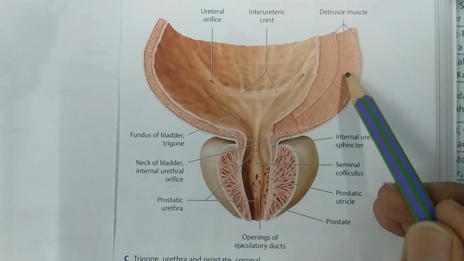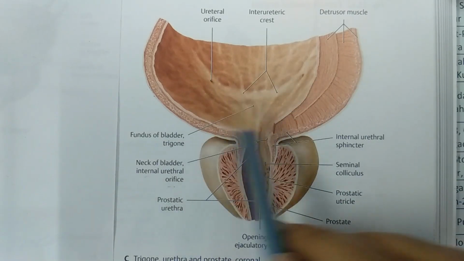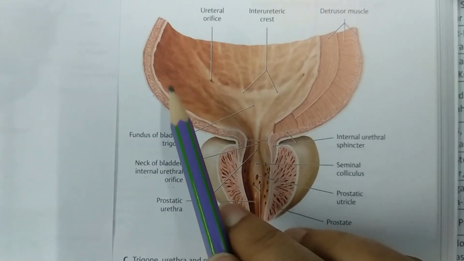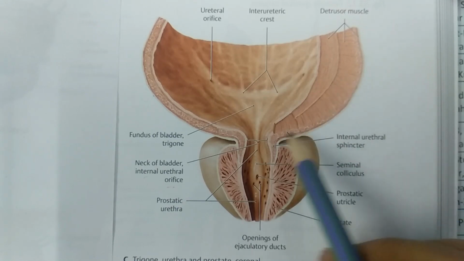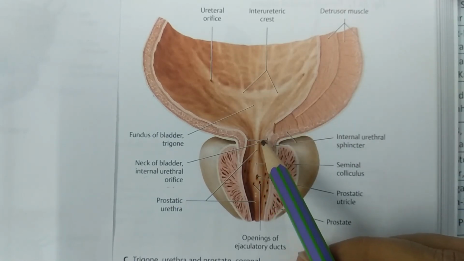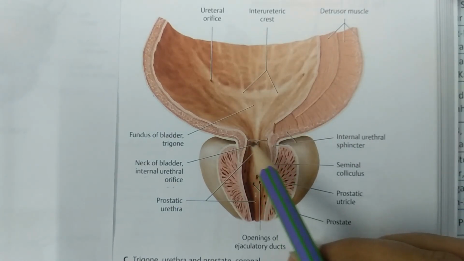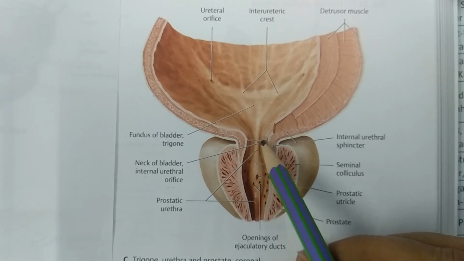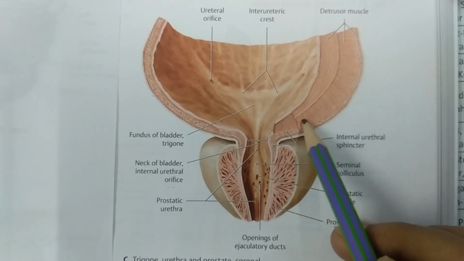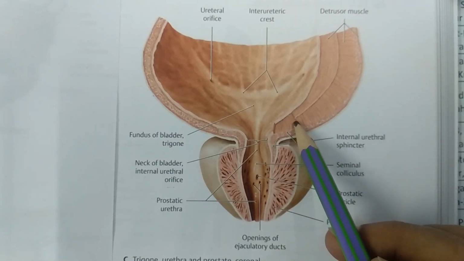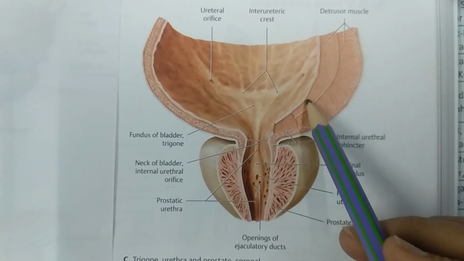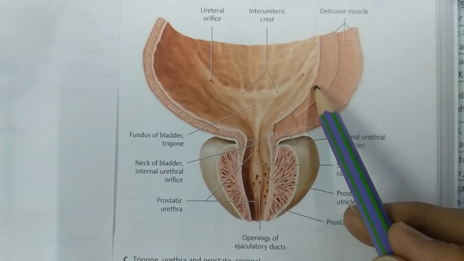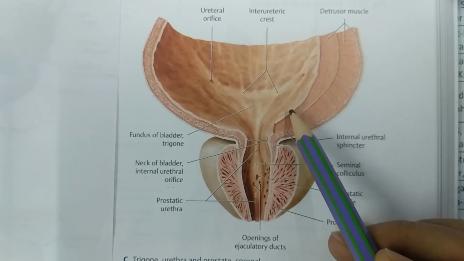And this middle circular layer, after covering the entire bladder, is thickened around the internal urethral orifice here, and it forms an involuntary sphincter that is called the sphincter vesicae. And the inner longitudinal layer, you can see here, is continuous with the muscles of the urethra.